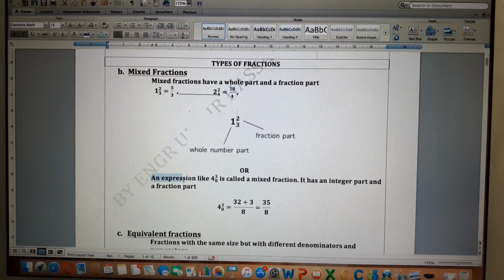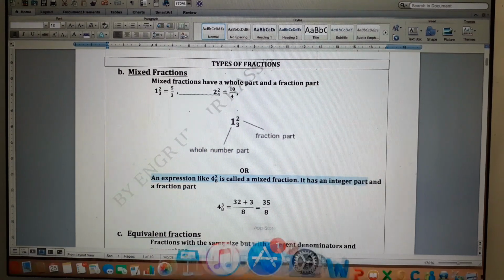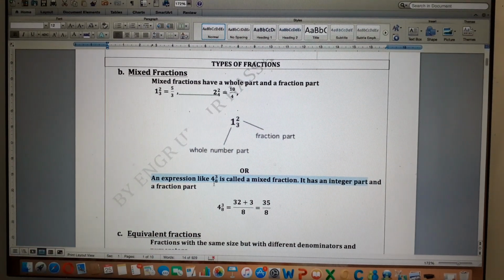An expression like 4 and 3 over 8, where 4 is the whole part and 3 over 8 is the fraction part, is called a mixed fraction. It has an integer part, which here is 4, and a fraction part, which is 3 over 8.